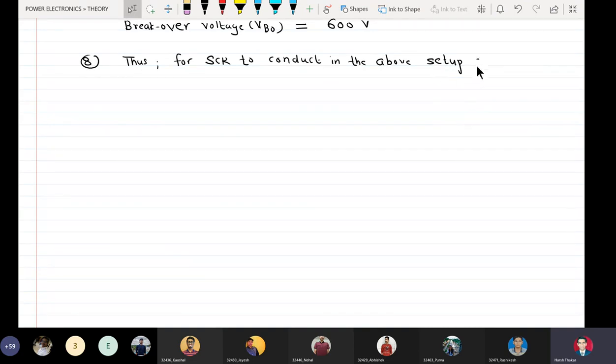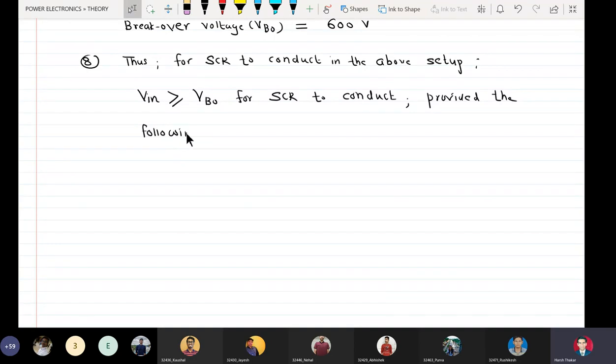Thus, for SCR to conduct in the above setup, Vin must be greater than or equal to VBO for SCR to conduct, provided the following additional condition is met.